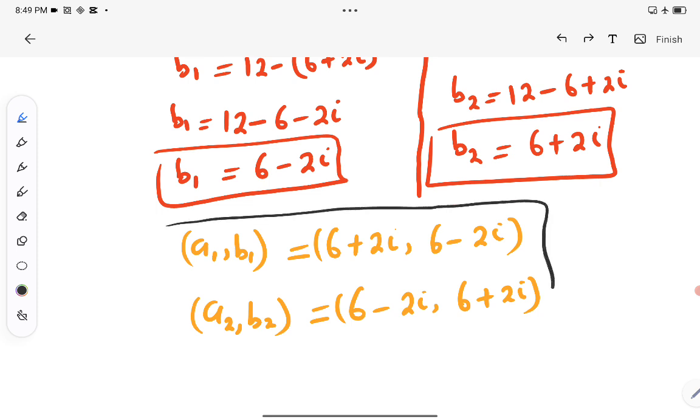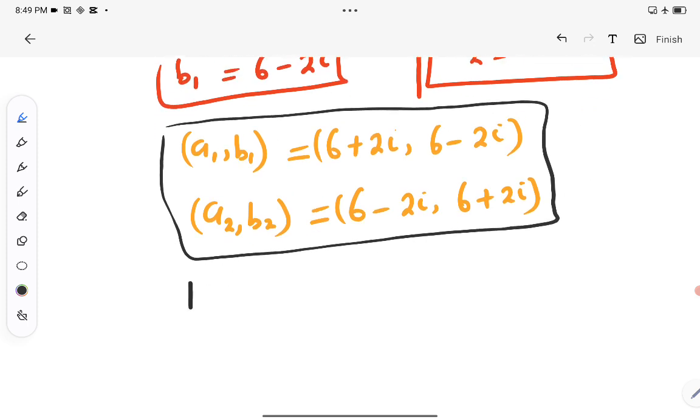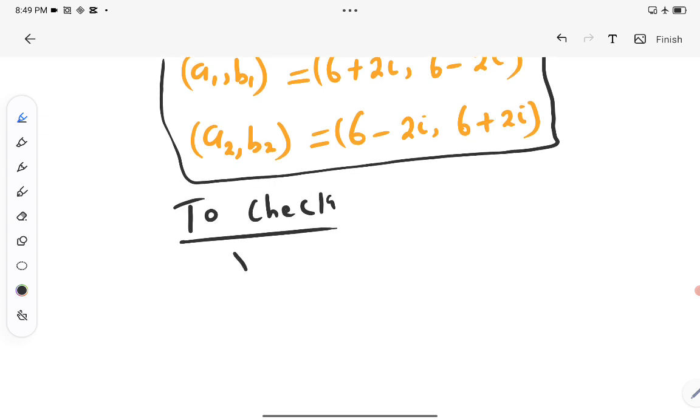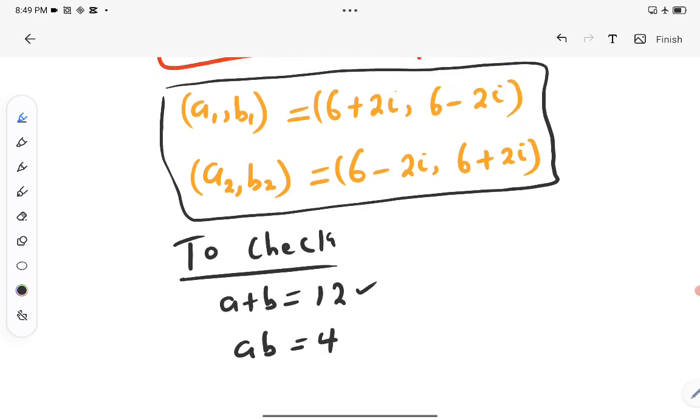We may check to confirm if this answer is right or wrong. Let's check. To check, we have the given equation: A plus B is equal to 12. Then AB is equal to 40. Let us consider this using either A1, B1 or A2, B2, but I'm going to make use of A1, B1.